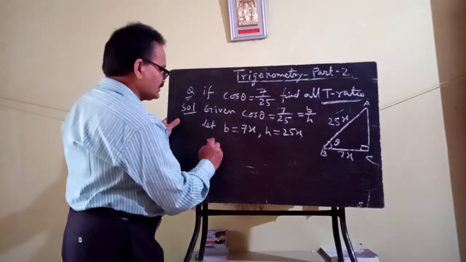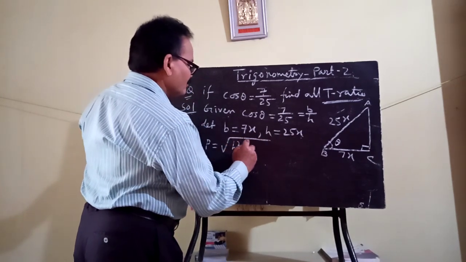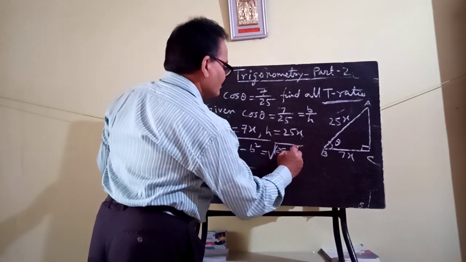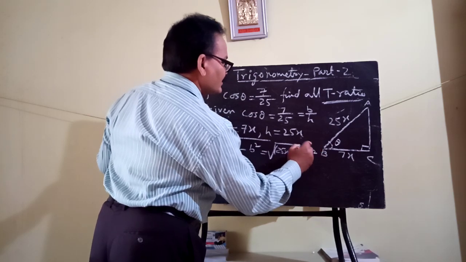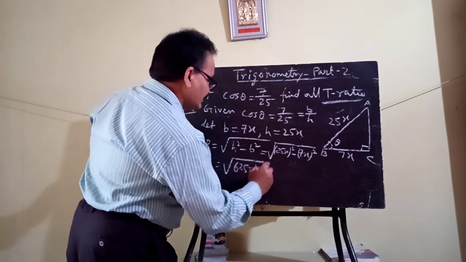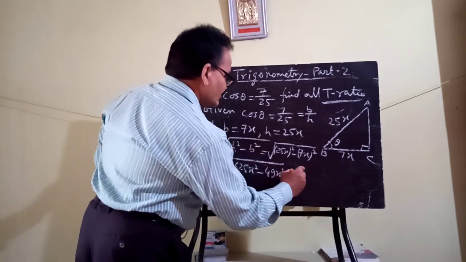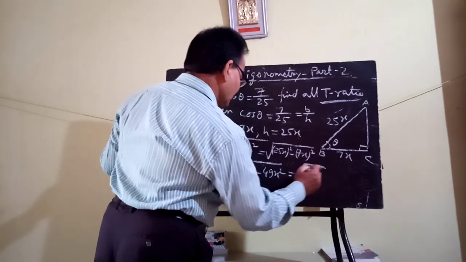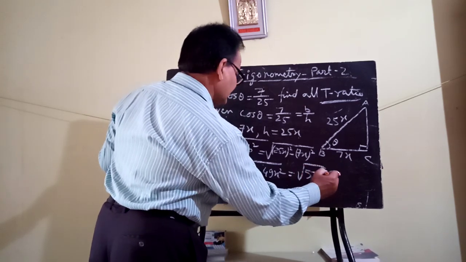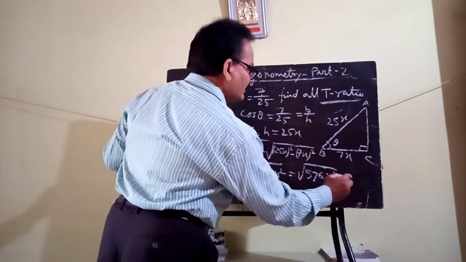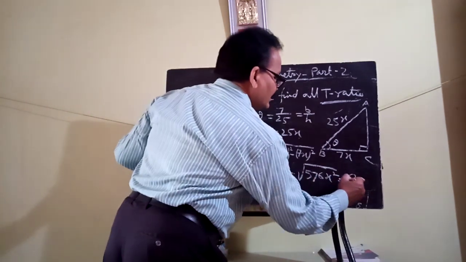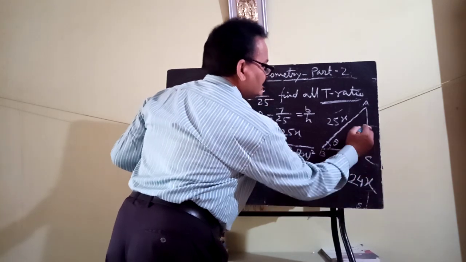Perpendicular p equals square root of h square minus b square, that is square root of 25x square minus 7x square, which is square root of 625x square minus 49x square. That is square root of 576x square. The square root of 576 is 24, so the perpendicular is 24x.